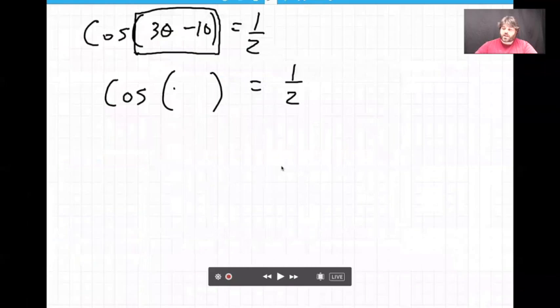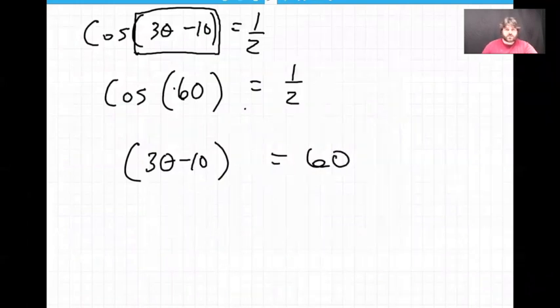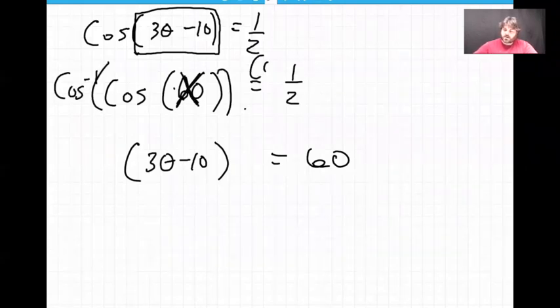So we know that the cosine of 60 is 1/2. What that means is whatever's inside the parentheses needs to equal 60. You see how I used cosine inverse of both sides to find what this had to be? That's how I found that it was 60.